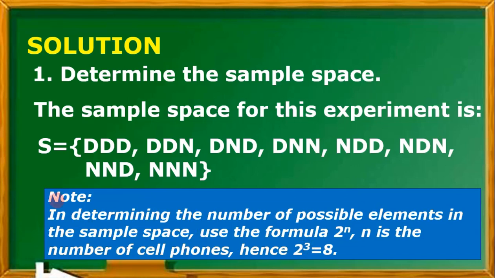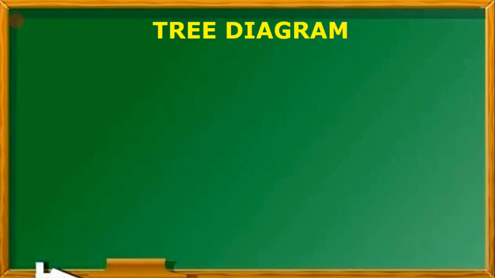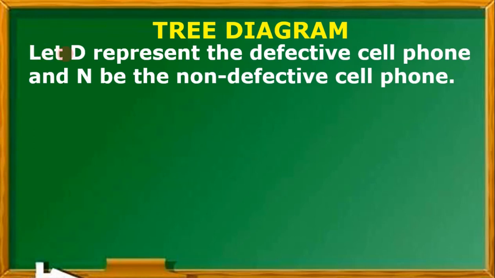Let me show you this by a diagram. We have here a tree diagram. We let D represent the defective cell phone and N the non-defective cell phone.